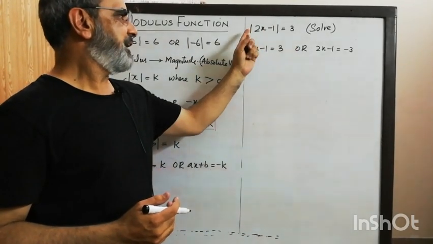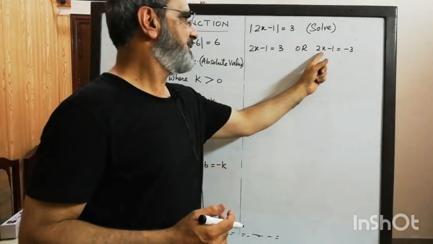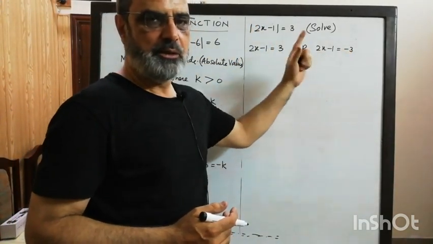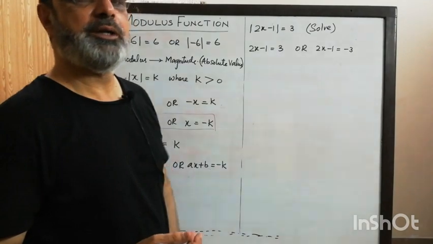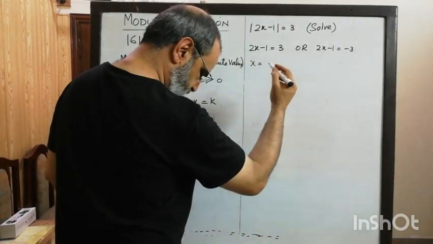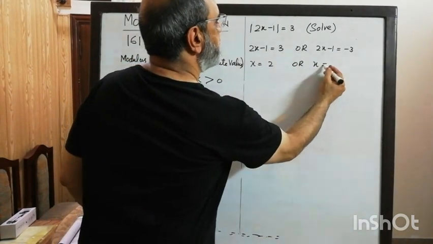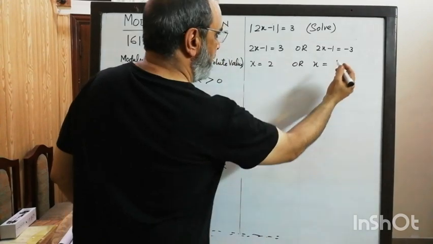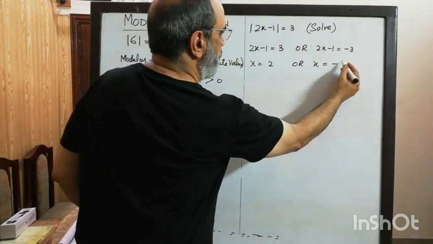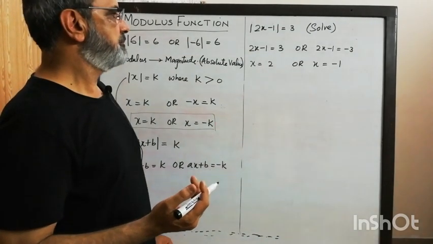That is, expression inside the modulus is equal to the positive constant and expression inside the modulus is equal to the negative constant. Using these two equations, we can find the value of x as x is equal to 2 or x is equal to minus 1.